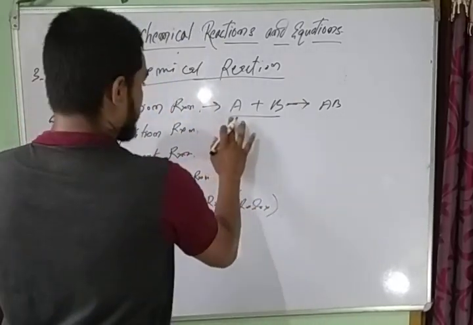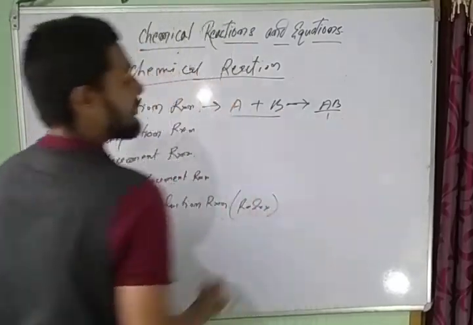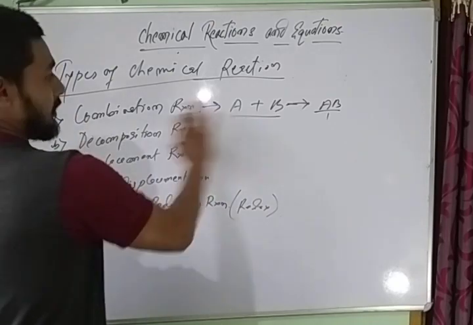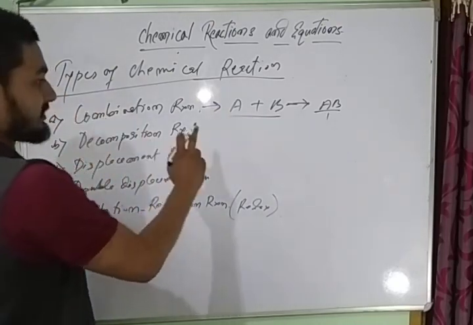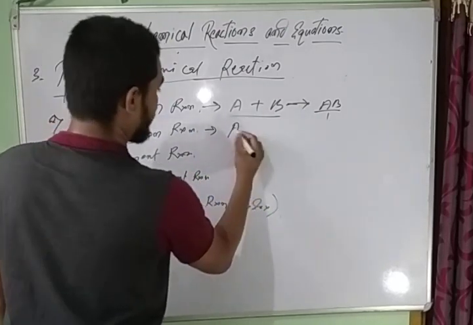We know it. When two or more reactants combine together to form a single product, this is called a combination reaction. Always you will find a combination reaction in this form, and the decomposition reaction will be opposite to this one.